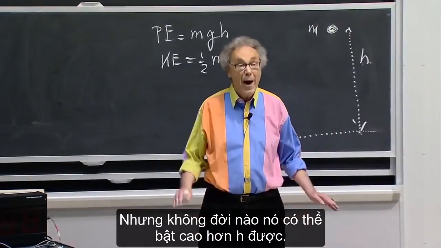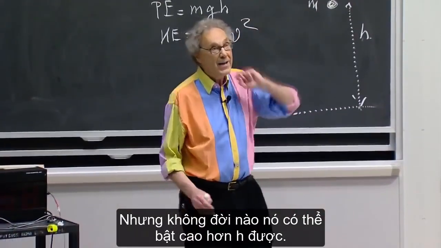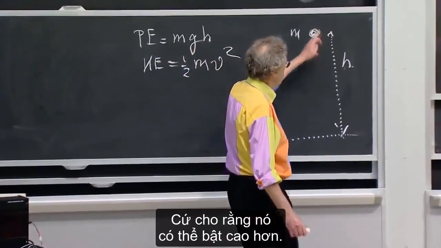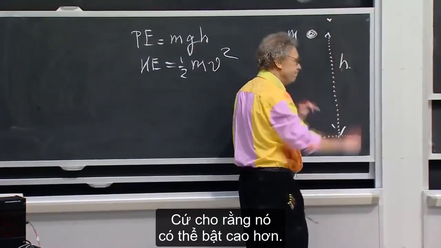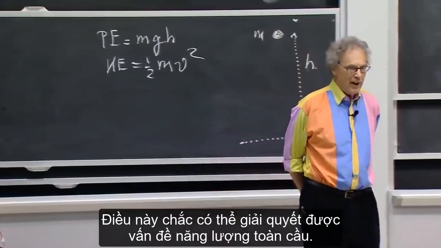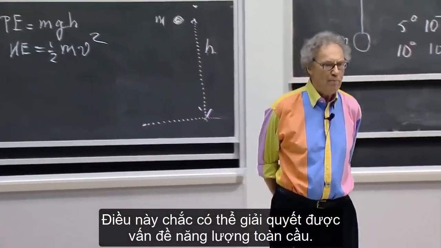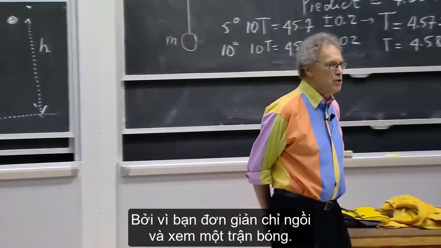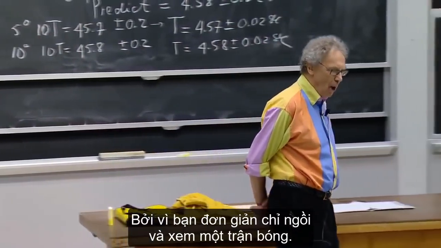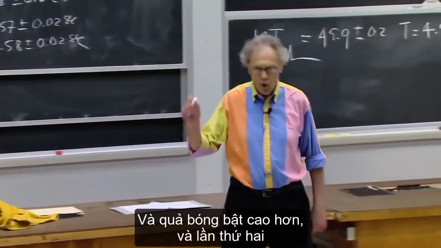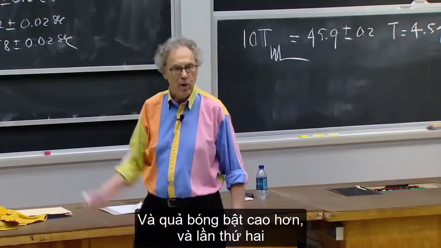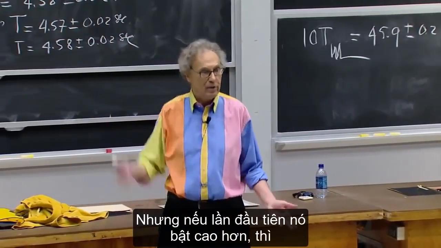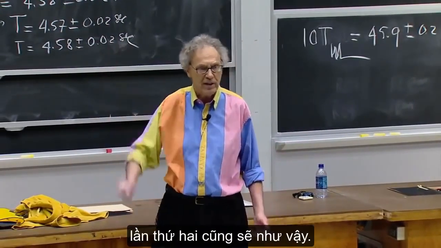But there is no way that it could come up higher than h. Suppose it could come after one bounce up here. Well, that would solve the world energy problem. Because you simply sit down and you watch the ball game, and there goes the ball higher, and the second one, it goes again higher. But why? If it goes the first time higher, it will do that the second time.